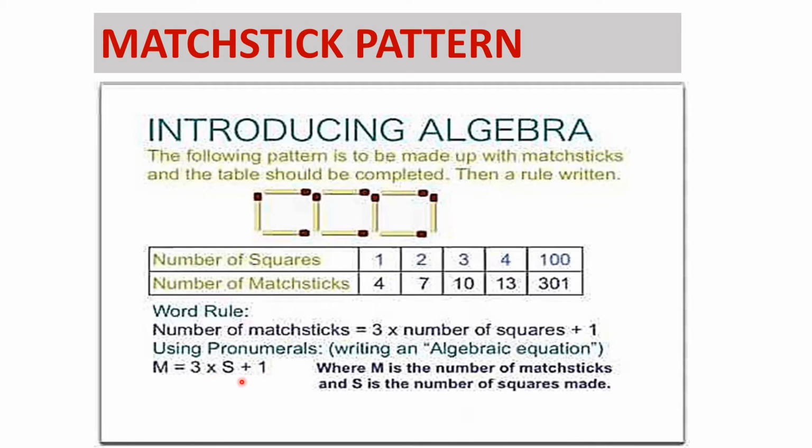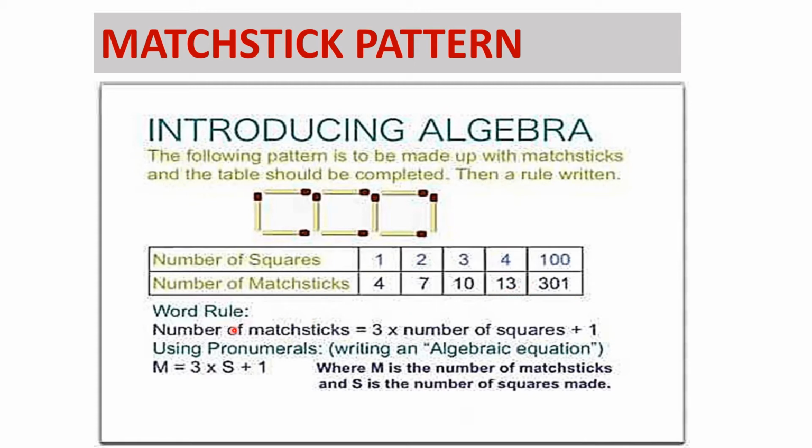Now for 3 squares, it will be 3 into 3, 9 plus 1, 10. Right? So accordingly, for 100 squares, here they have found out. So you can see 3 into 100, that is 300 plus 1. So 300 plus 1 is 301. So the number of matchsticks required for making 100 squares is 301.